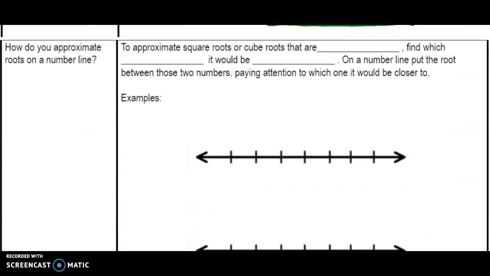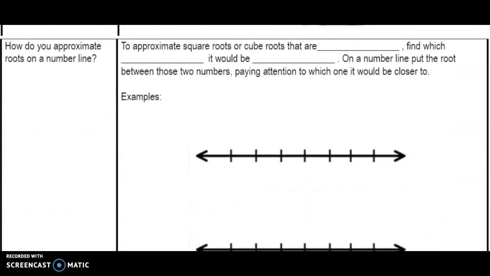Last thing, to approximate roots on a number line, and we're mostly talking about cube roots and square roots that are not perfect, you find which two numbers it would be between. It may not be exactly on the line, but it might be between two numbers, and that's what we're going to look at.